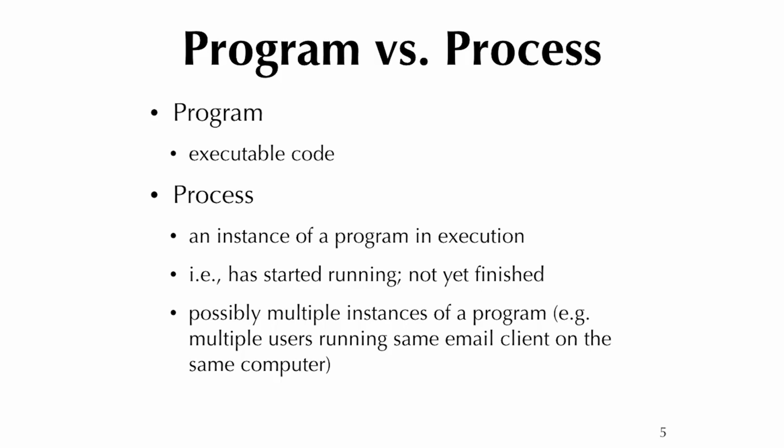Otherwise, you'll be compiling my code as opposed to your code, right? So there's that notion of processes. So you can have several distinct instances of processes all running the same program. Understand that? Okay, so you can think of program kind of like class and process kind of instances, right? That's one rough way to think. It's not an exact analogy, but that's kind of the idea.